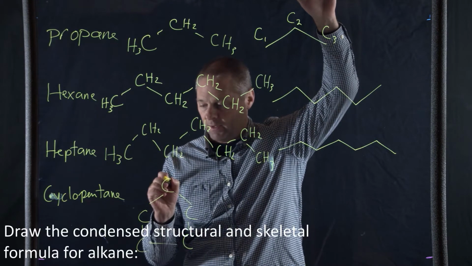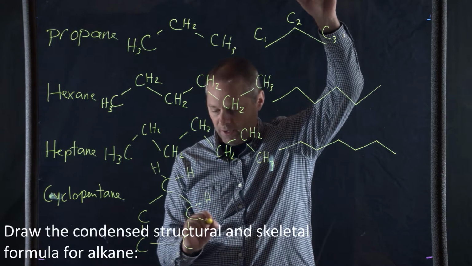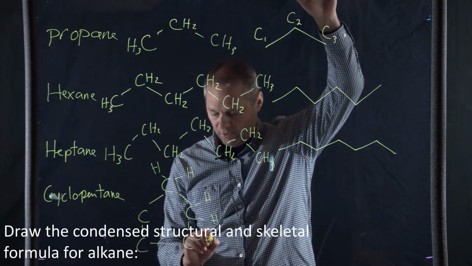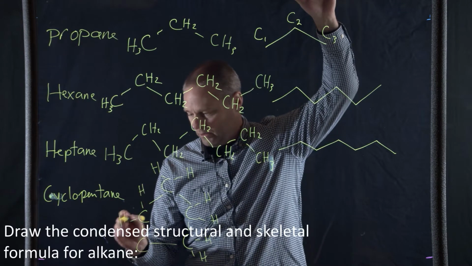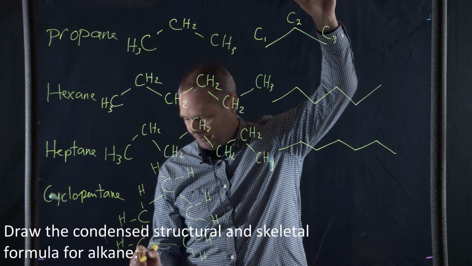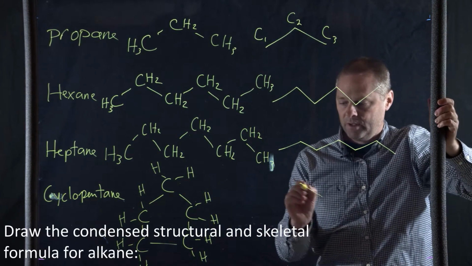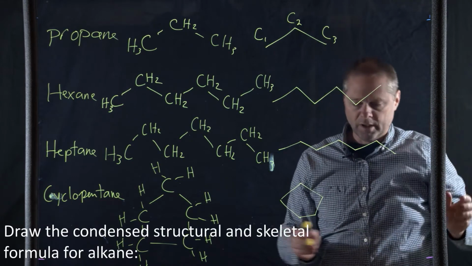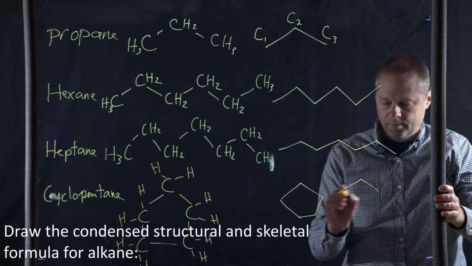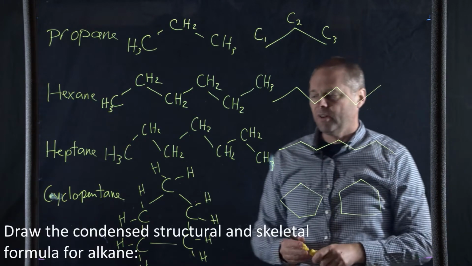And then there'd be a hydrogen off here, hydrogen off here, hydrogen there, hydrogen there, hydrogen there, hydrogen there, hydrogen there, hydrogen there, and then a hydrogen down there. And now the skeletal, that would be something along that line, or you could draw it like a house. There you go.